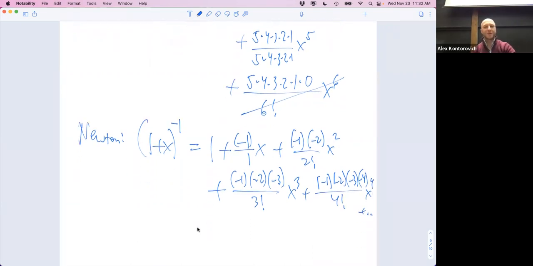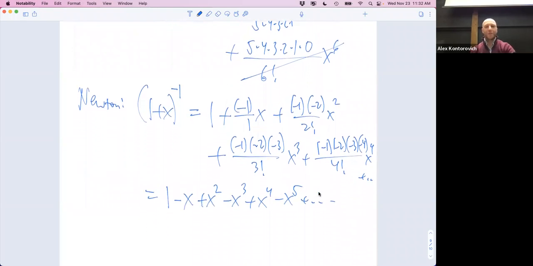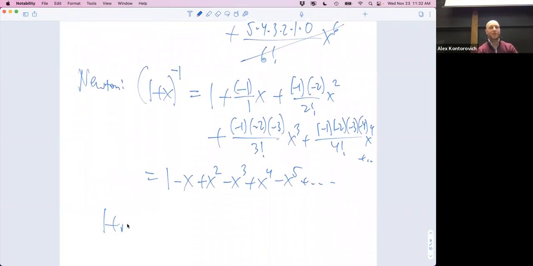What does that come out to? Right. This is a 1 minus x. This one's plus x squared. How about this one? Minus x cubed plus x to the 4th minus x to the 5th, and so on. That's the same exact formula. If you remember, we had a formula that was 1 plus r plus r squared plus r cubed, and so on, which came out to 1 over 1 minus r.